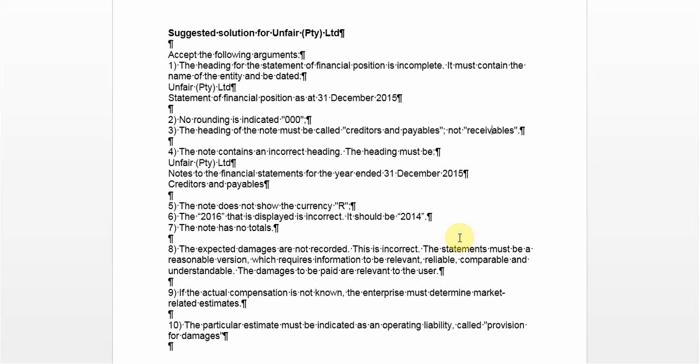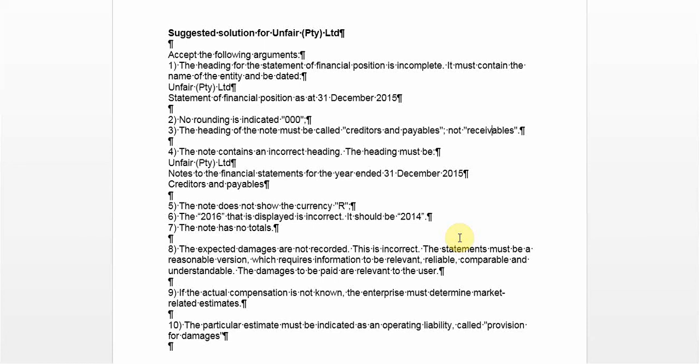Because if this is a compensation that is a very high amount, I mean, this can be potentially threatening, and that business will not continue to be a going concern. So it's important to tell the users of the financial statements what the amount is so that they can decide, do they want to continue investing in this business, or are they going to go bankrupt?